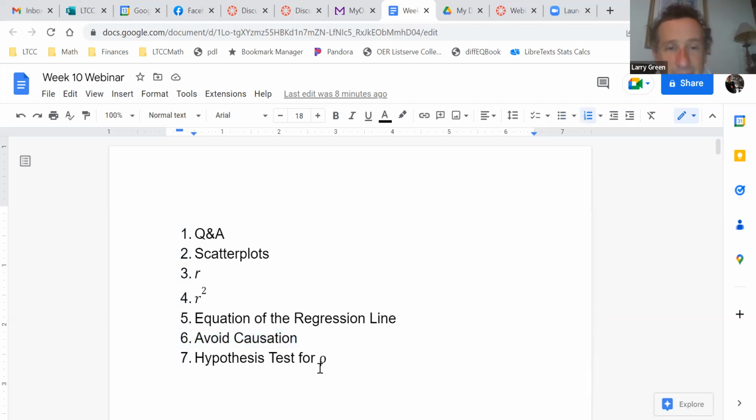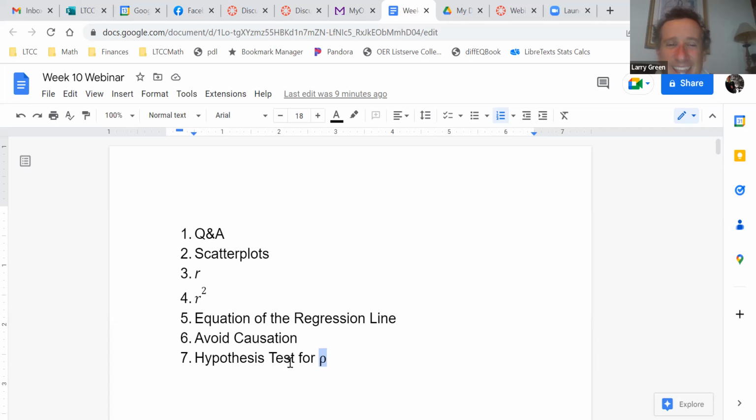And then, since I promised that every chapter is going to have hypothesis tests, a hypothesis test for, who knows what this letter is? Here's a hint, row, row, row your boat. This is the letter rho.